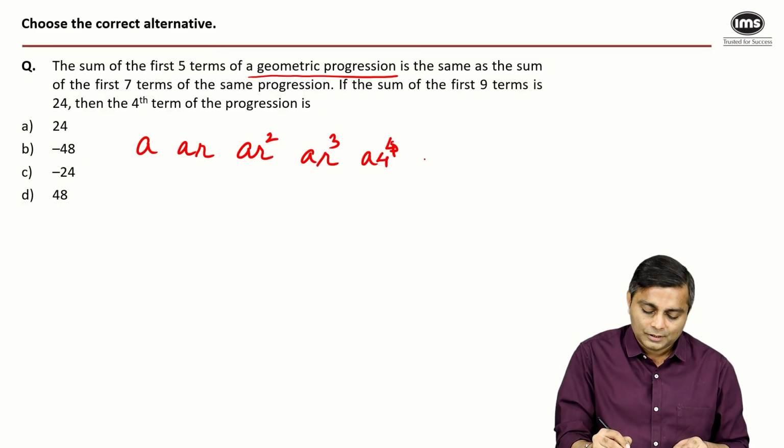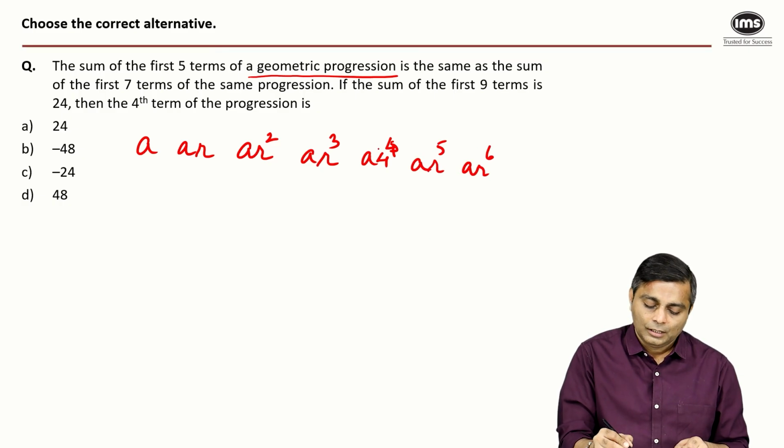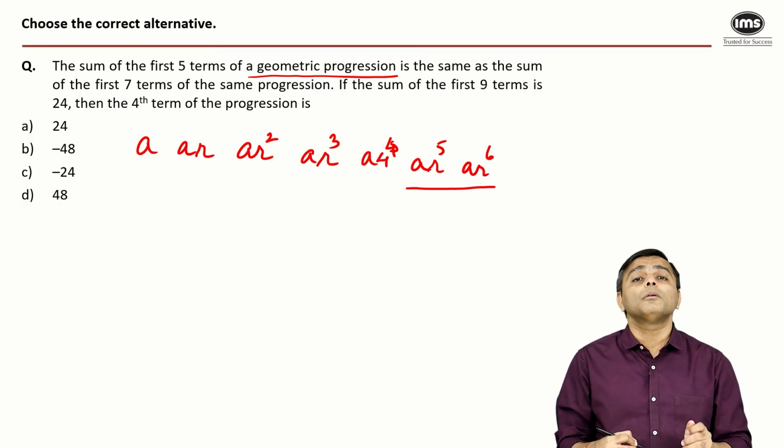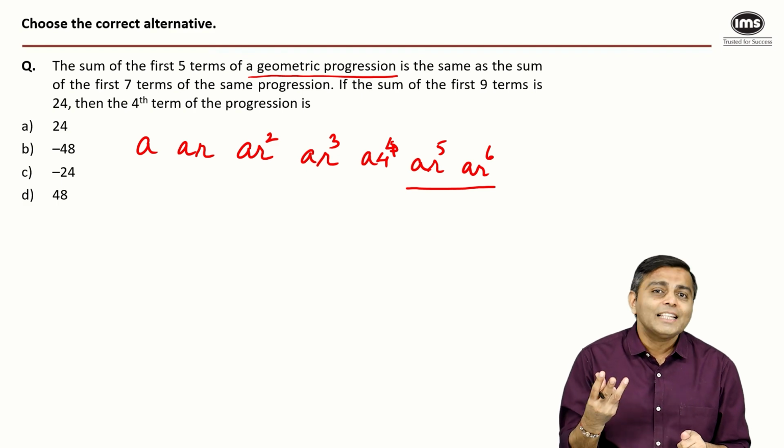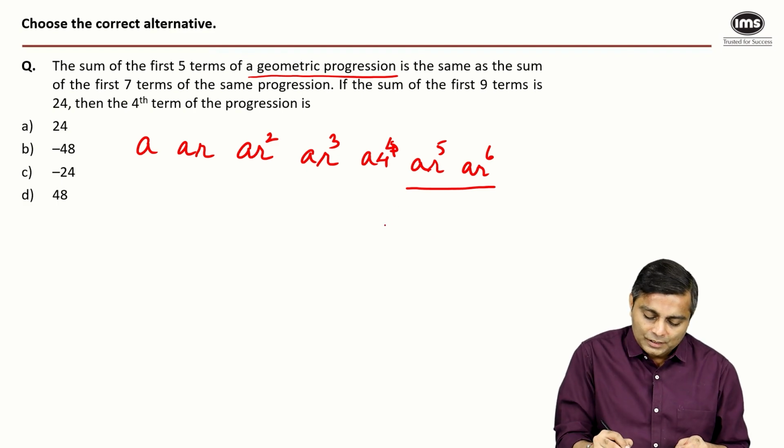This is our 5 terms, AR5 and AR6. So 1, 2, 3, 4, 5, 6 and 7th. These 2 terms are not really adding anything.